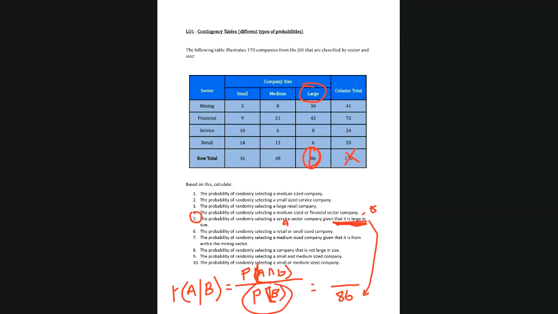Our numerator is the probability of A and B, a service sector company and a large company. So we go to service sector and large, which is 8. So it would be 8 over 86. As a decimal, that would be 0.09.